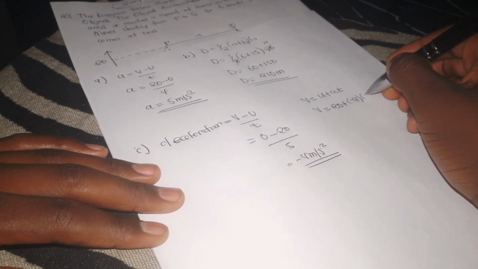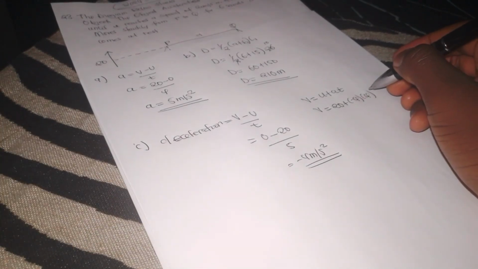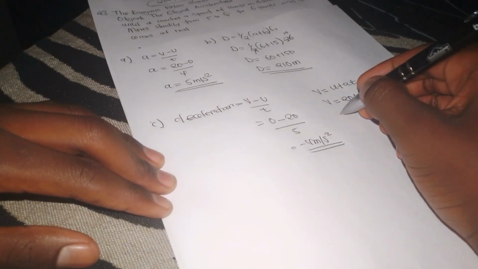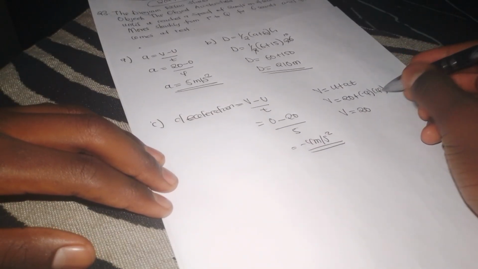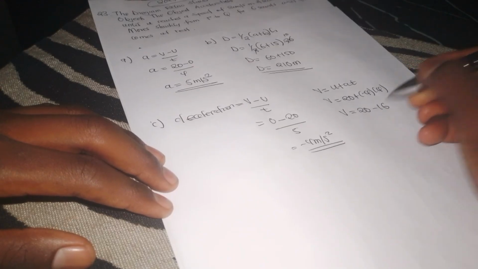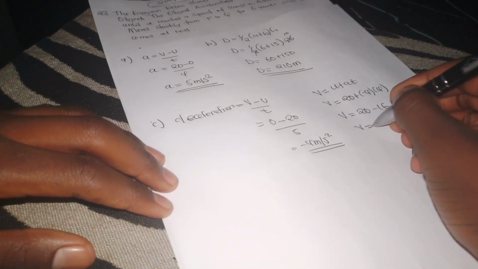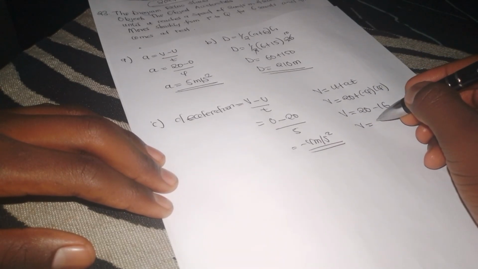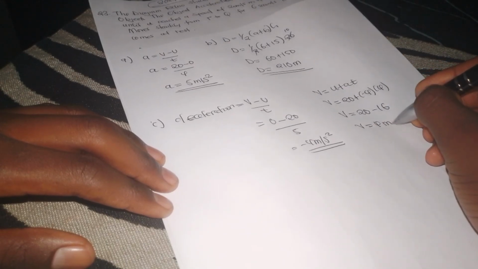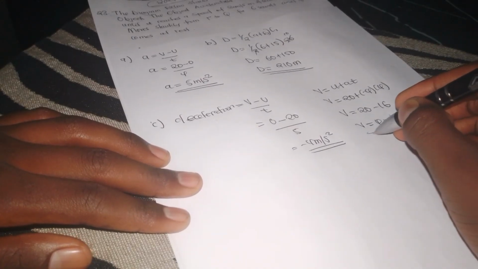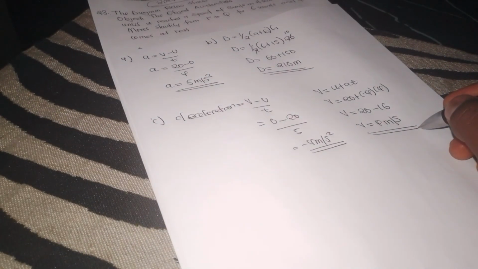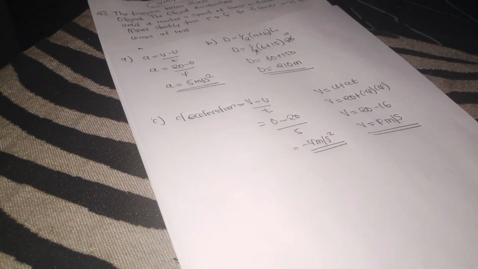Then time we've been given, 4. Then velocity is equal to 20, negative 4 times 4 is negative 16. And velocity is equal to 20 minus 16, it's 4 meters per second. That's all. So we're done with the external.